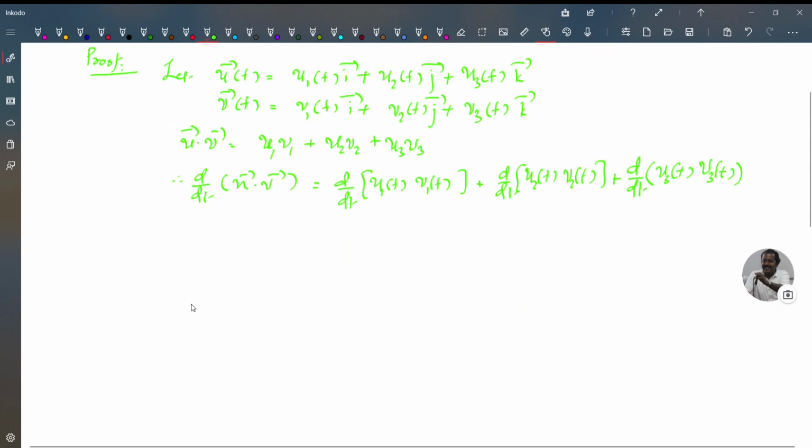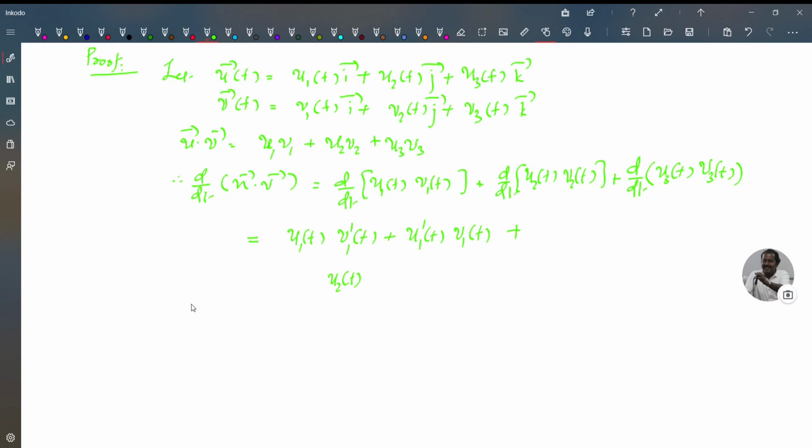So this is equal to, you can use the product rule here. So this is u1 of t into v1 prime of t plus u1 prime of t into v1 of t plus u2 of t into v2 prime of t plus u2 prime of t into v2 of t plus u3 of t into v3 prime of t plus u3 prime of t into v3 of t.